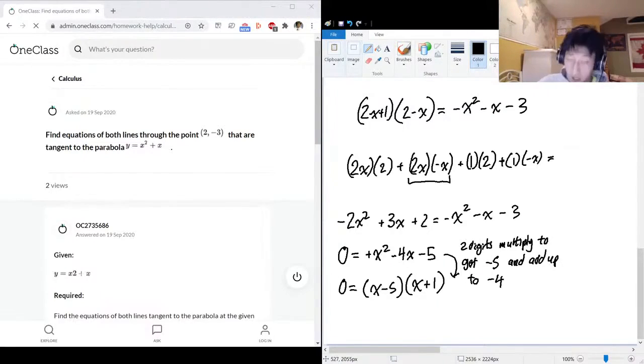That would be a combination of negative 5 and 1. Multiply them together, you get negative 5. Negative 5 plus 1, that's negative 4. So these two are equivalent to each other, which means that our points of interest are x equals 5 and x equals negative 1.